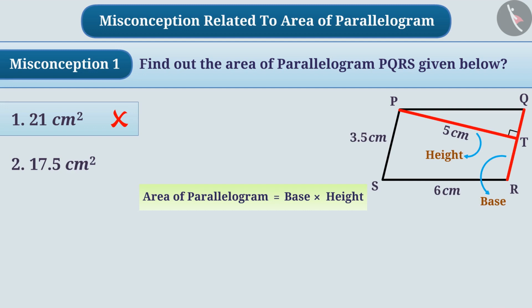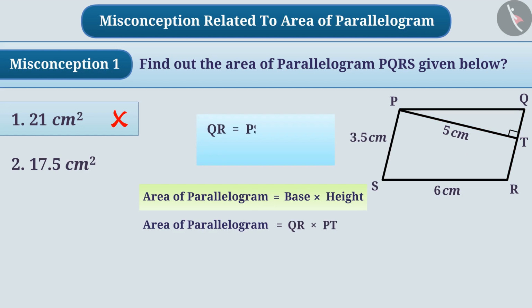With this, area of parallelogram is QR multiplied by PT. Here, QR is equal to PS is equal to 3.5 cm and PT is equal to 5 cm. Therefore, area of parallelogram is 3.5 cm multiplied by 5 cm is equal to 17.5 square centimeter. Therefore, option 2 is correct.